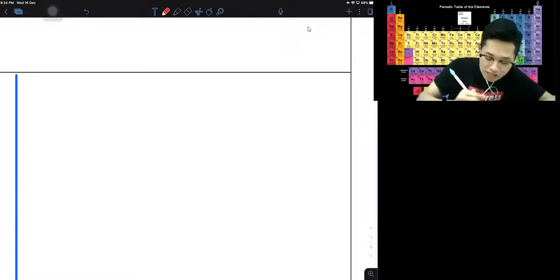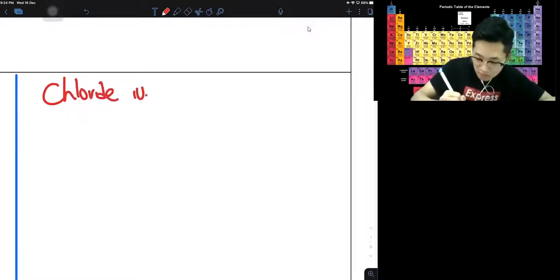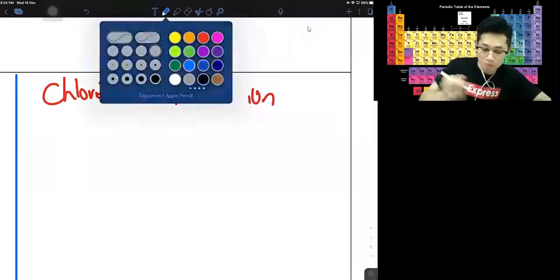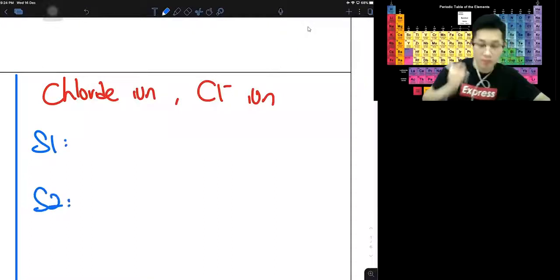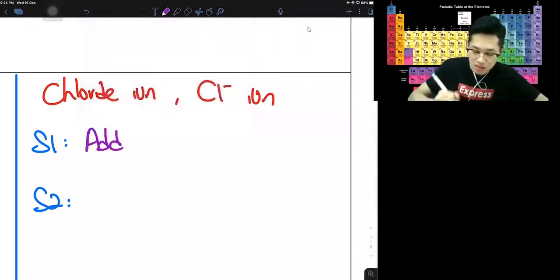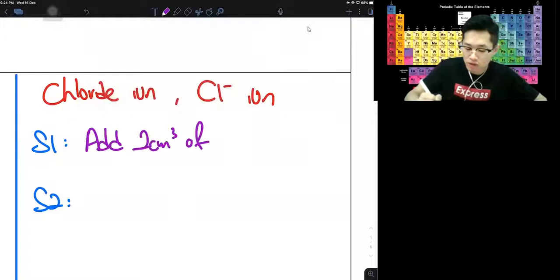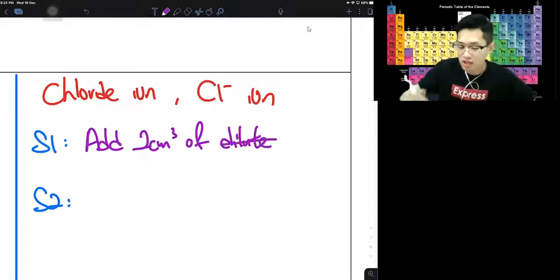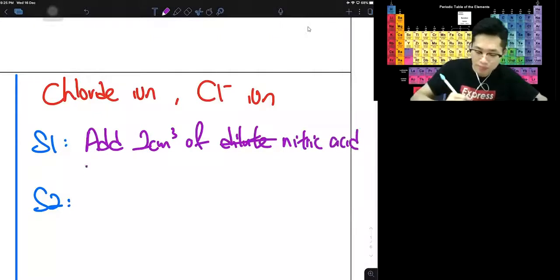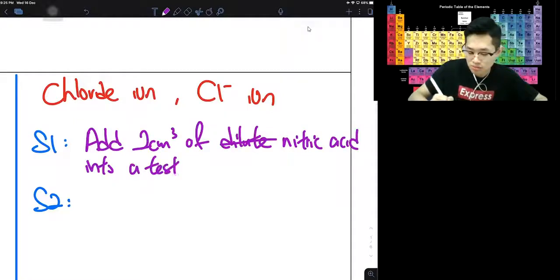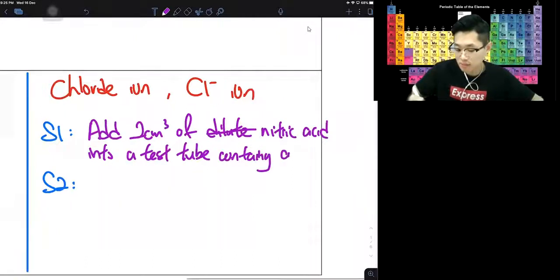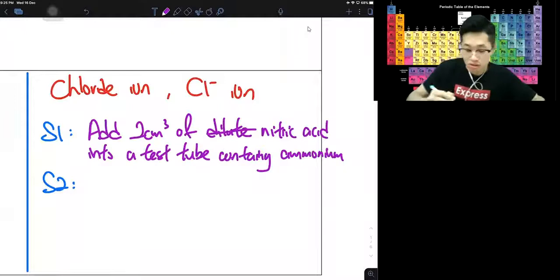So, chloride ion test, the Cl minus ion. So I have step 1 and step 2. What do I do in my first step? I add 2 cm cube of nitric acid, without the word dilute also can, same thing, into a test tube containing ammonium chloride salt.